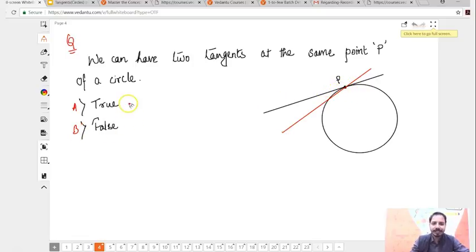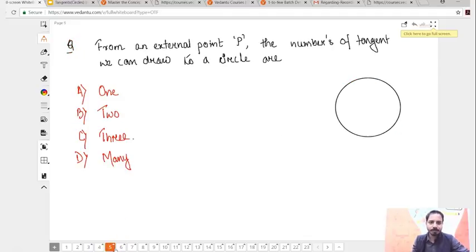That means the statement is false. I can have only one tangent at a particular point in a circle. I'm revising it: at any point on a circle I can have only one tangent, and I cannot have any more tangents there. So every point on the circle will have a particular tangent. Let's go to the next one.